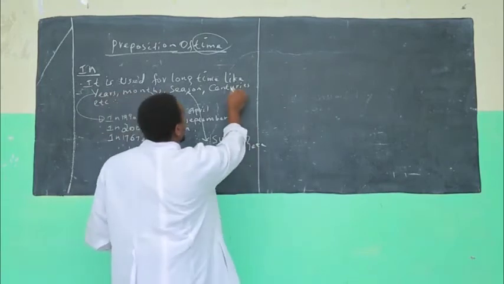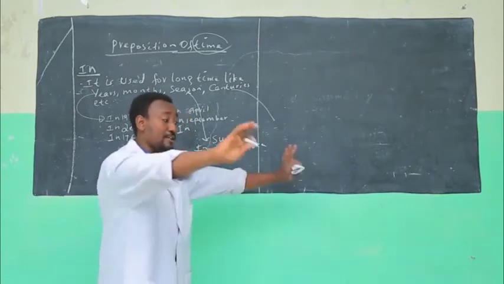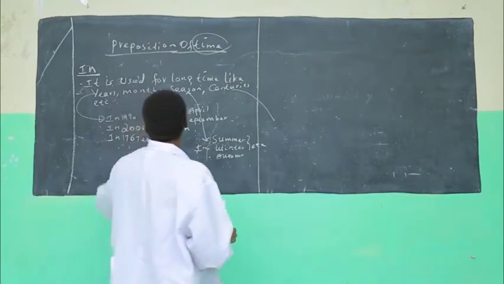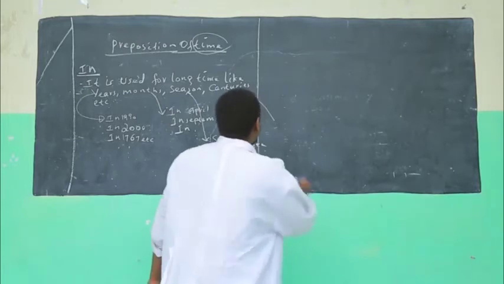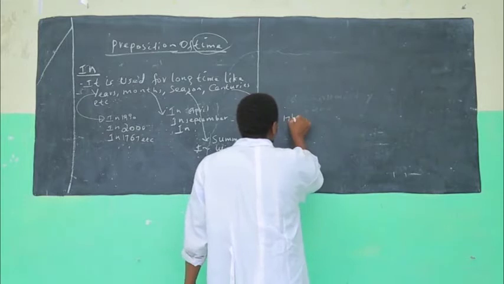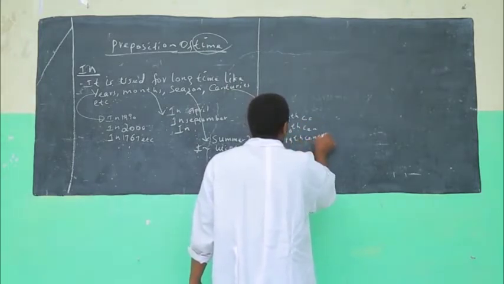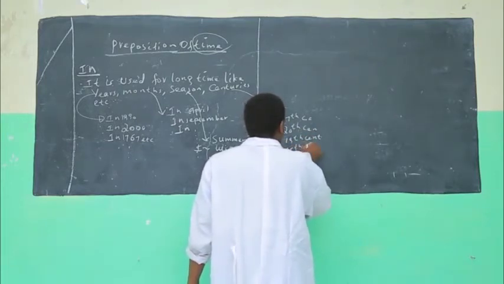Excellent, you are. Now, centuries. Centuries are very much longer than seasons, months, and years. For example, we can say 17th century, 20th century, 19th century, 15th century.